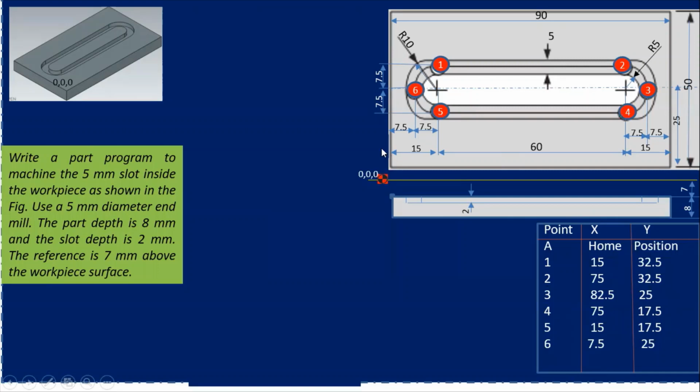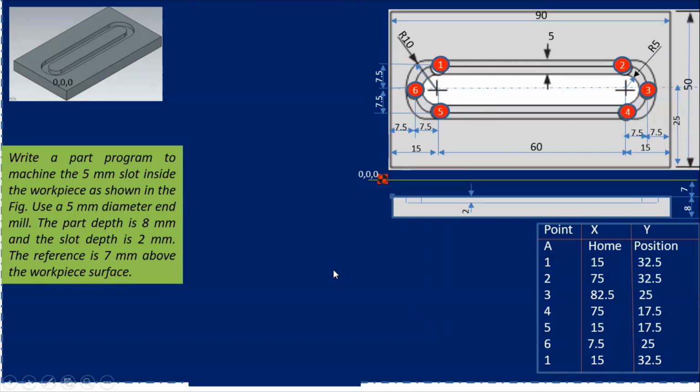Now this will be my 7.5. Is it clear? So I got this distance as 7.5. Now I require a y distance. Y will be at 25, so I have written the 25 here. Then again the tool will move from this position to the 1. So be careful, that's why I have written 1, 1 here. But the coordinates remain the same.